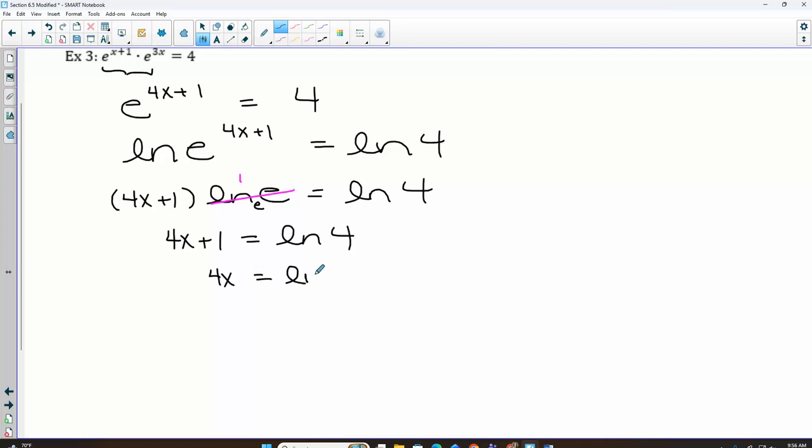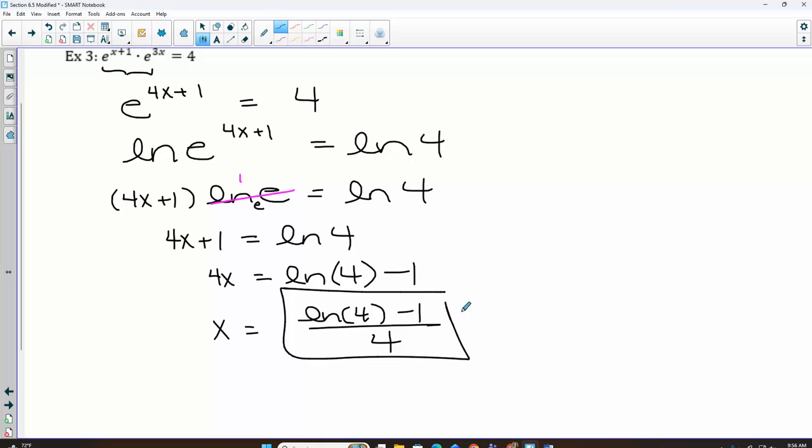It doesn't go into my log. It's just on the end. So it's like you're doing the natural log of 4 and then subtracting 1 from the end. And then we divide by 4. So this is our exact answer. The decimal approximation, again, very helpful to view things as a fraction.